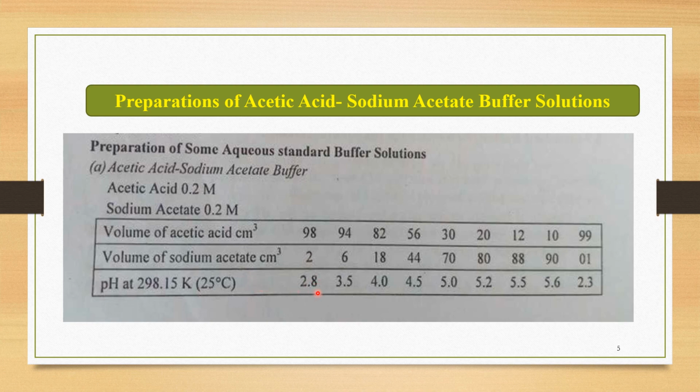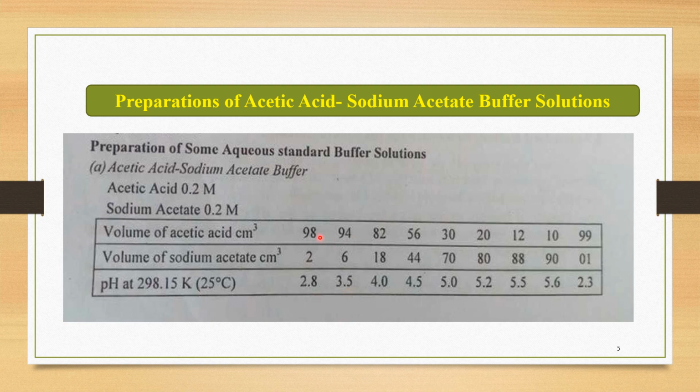The second one is if we want to prepare this standard buffer solution, for this purpose if we take the acetic acid in cm³ equal to 94 and the volume of sodium acetate in cm³ equal to 6, then the pH obtained at 25 degrees centigrade is 3.5.